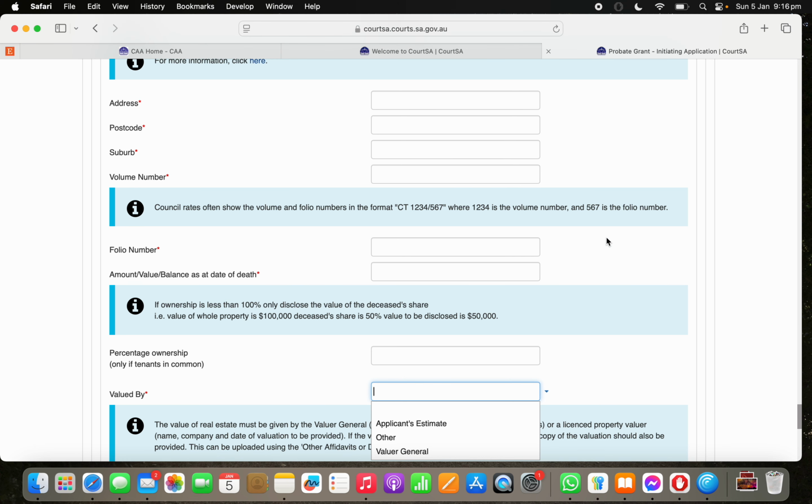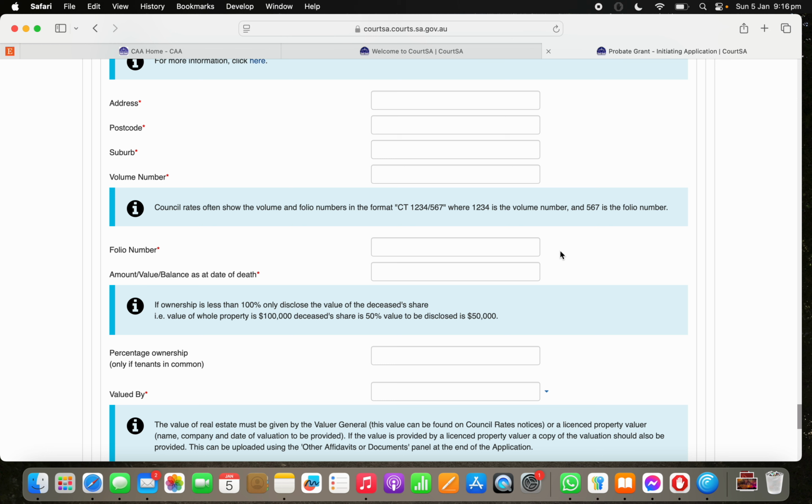Now, it's really important to data enter your details correctly, particularly the address, the volume number, and the folio number. Registry staff do not check if you have entered these details correctly. We do not call the Land Services Office, we do not call banks, superannuation companies, etc. You must ensure the information you have data entered is correct, or it's possible that when you go to ask for that asset to be released with your grant and your registrar's certificate, the organisation will turn around and say that the information is incorrect.